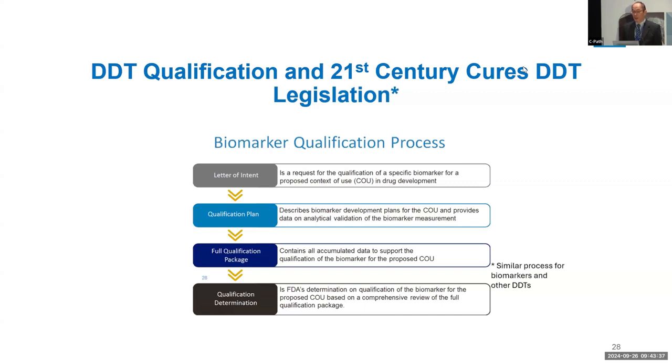And also how you are intending to analyze data so that we can have clinically meaningful interpretation of the data coming off the tool. And then finally, it comes to the full qualification package. This will contain all the data together with the analysis and the results. And once this stage is done, the qualification determination will be issued.